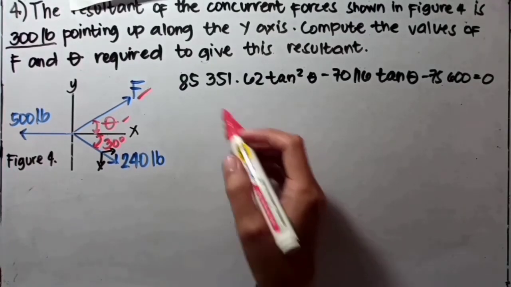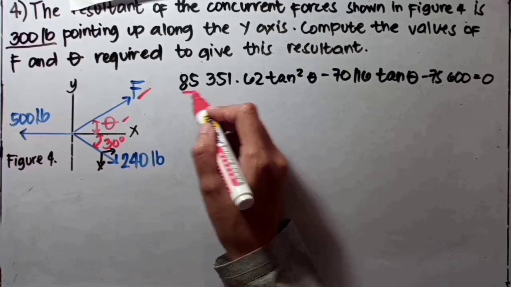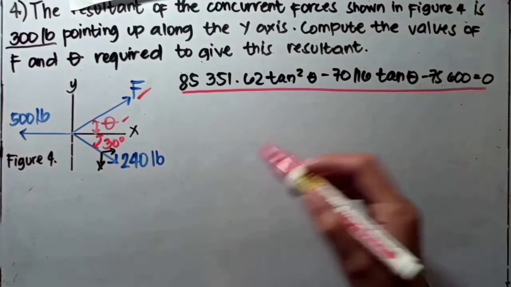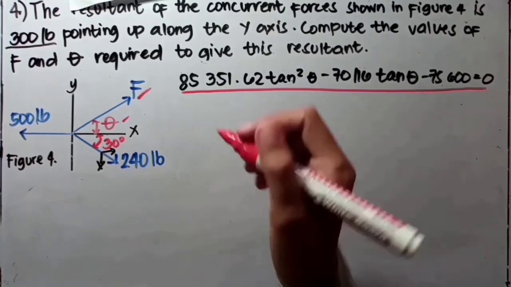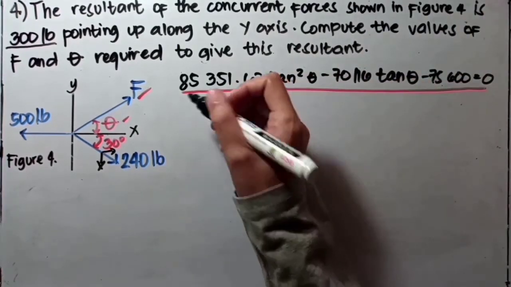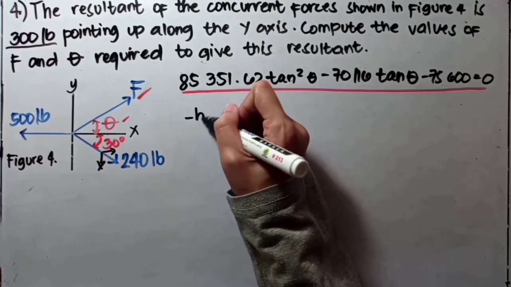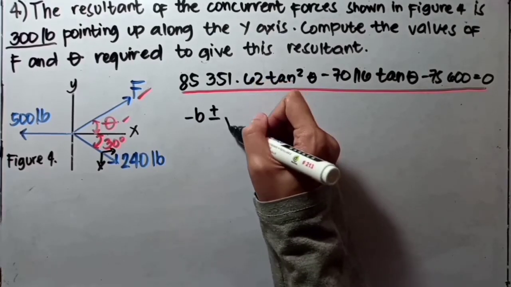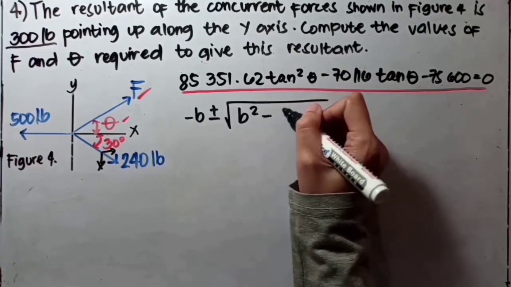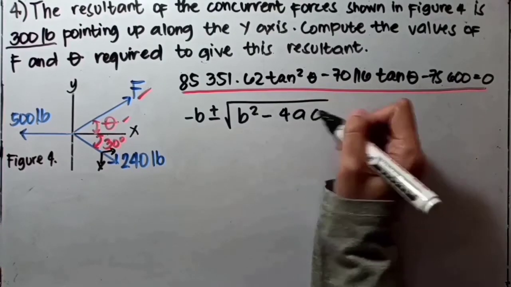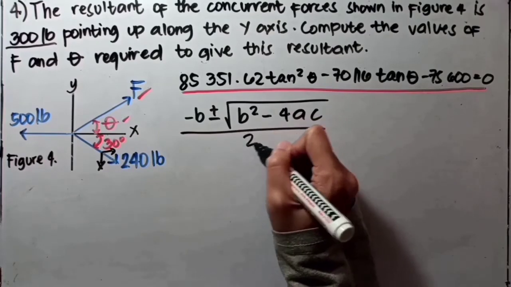Okay, gagamitin natin ang na-solve nating equation, ang na-derive natin from our previous solution. Gagamitin natin ang formula ng quadratic equation. Ang formula ng quadratic equation ay negative b plus minus the square root of b squared minus 4ac all over 2a.